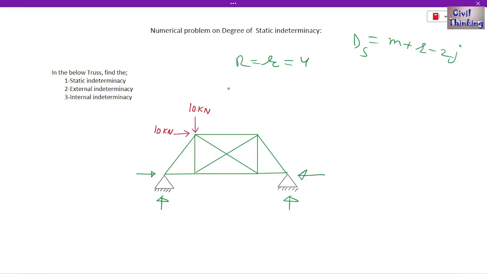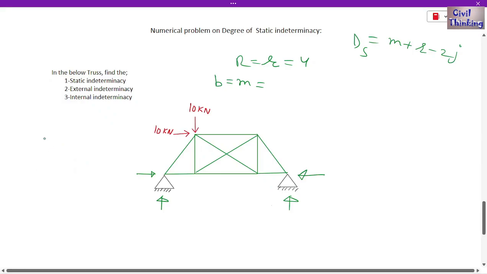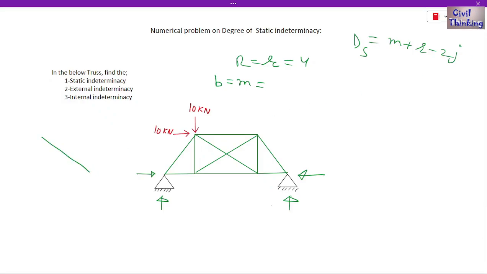Now m is the number of members, or we also denote m with b, number of bars. Before I count the number of bars, let me ask you, how many members are here? This and this. Remember there are only two. One member is like this, and then let me change the color, and another member is like this.